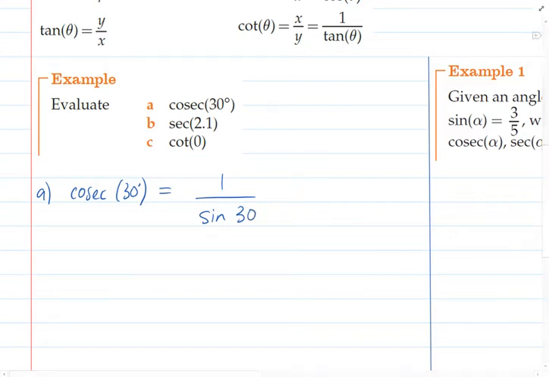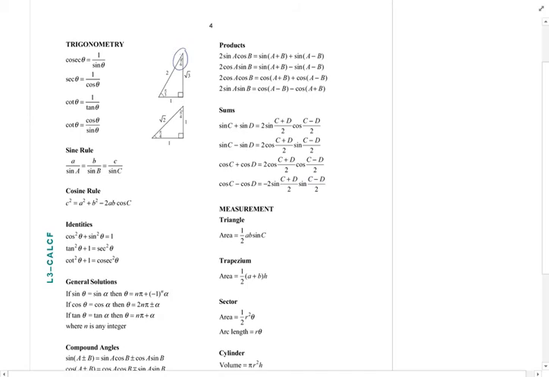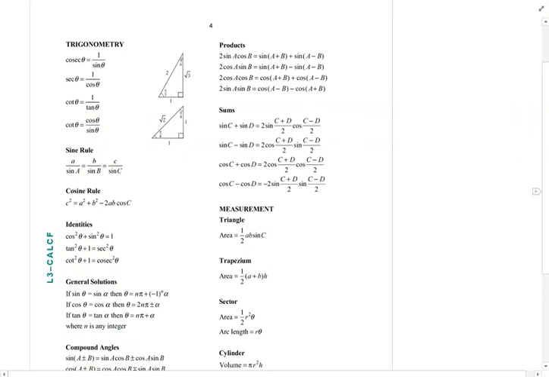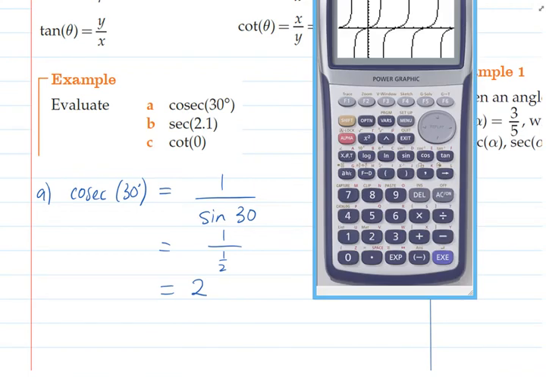If we look at our formula, here we've got 30 degrees, and so sine being opposite over hypotenuse, that would be 1 over 2. So this is 1 over 1 over 2, which is the same as 2 over 1, which is just 2. If you're not willing to go to the formula sheet, you can use your calculator if you want to.